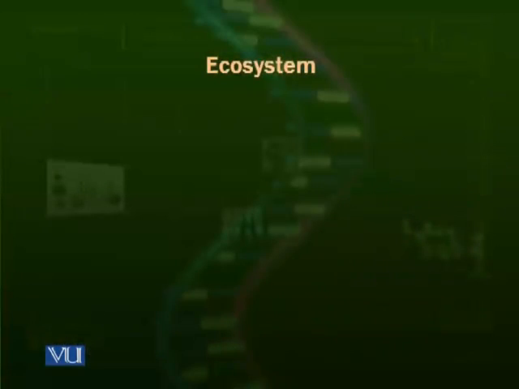Organisms living in water interact with each other, with the water, and with other physical surroundings. Organisms living in terrestrial ecosystems of different kinds also interact with each other and with their physical and chemical surroundings. We call them ecosystems.